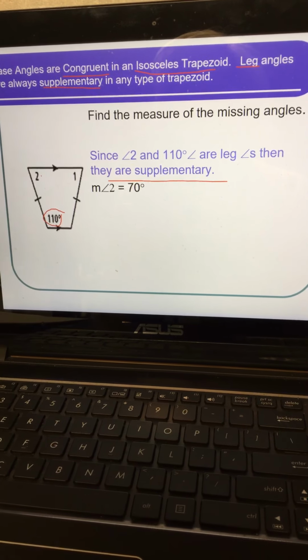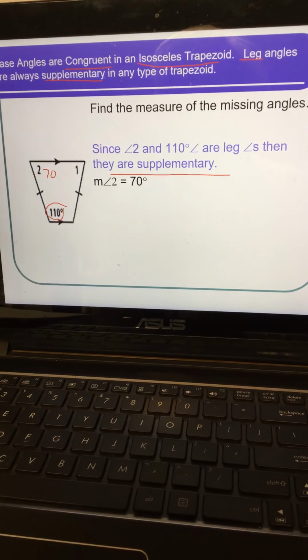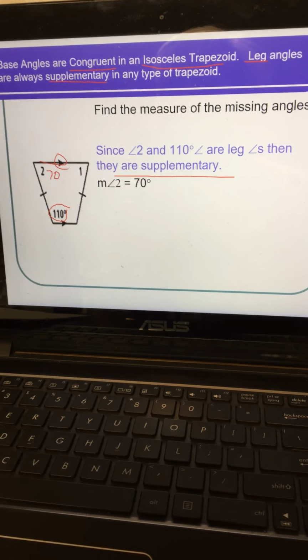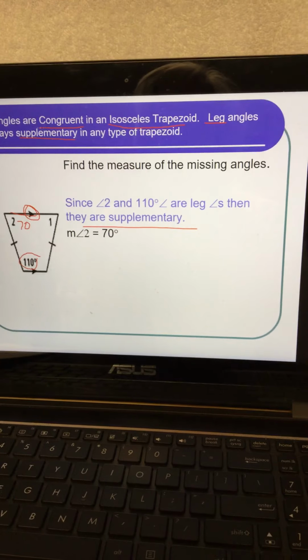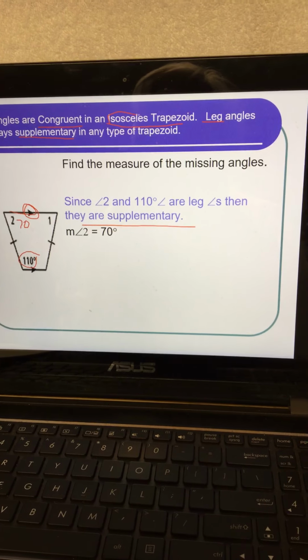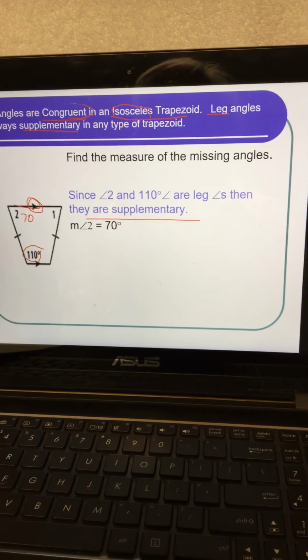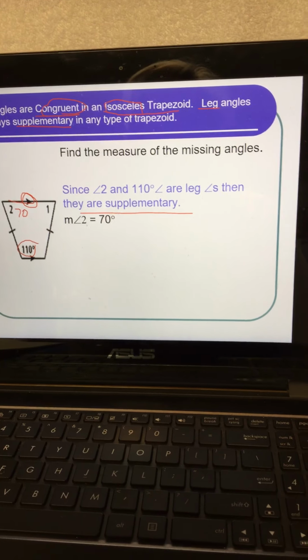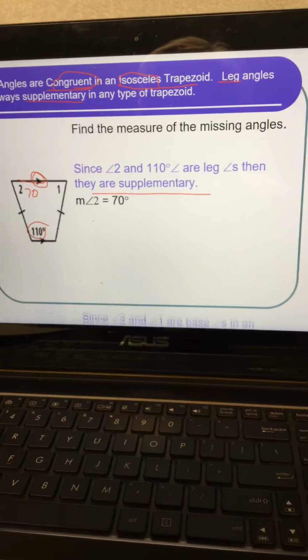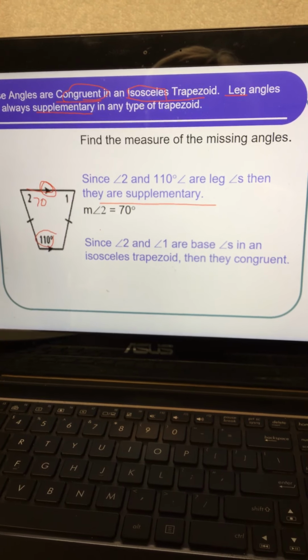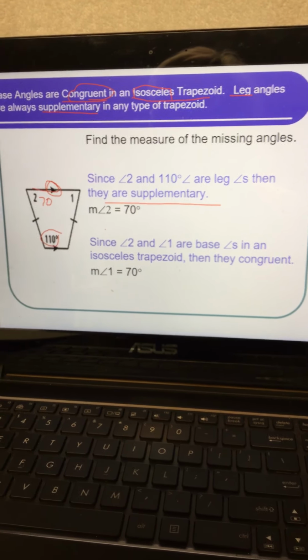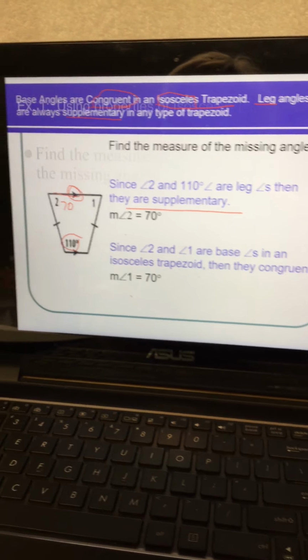Now I know that this angle is 70 and these are base angles. And what do we know about base angles? Base angles in an isosceles trapezoid are congruent. So if I go and try to find the measure of angle 1, I know they're base angles of an isosceles trapezoid, so they're congruent, so angle 1 has to also be 70.